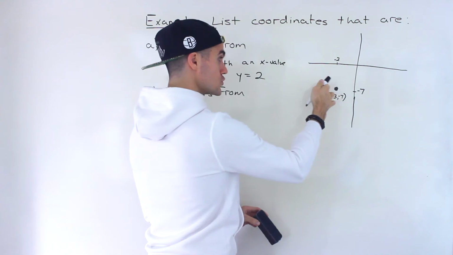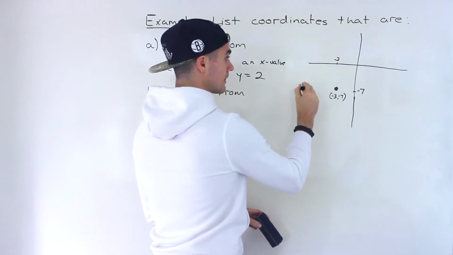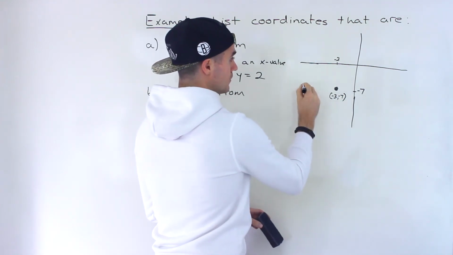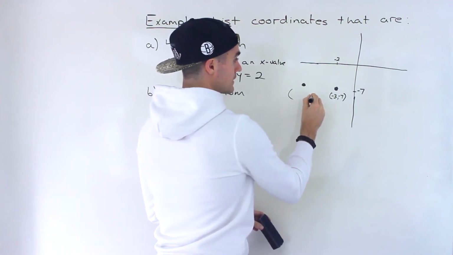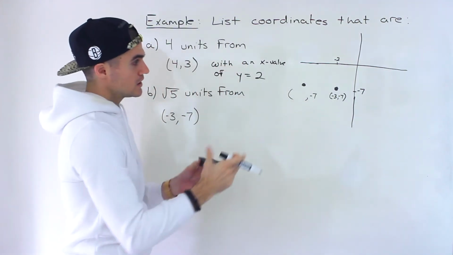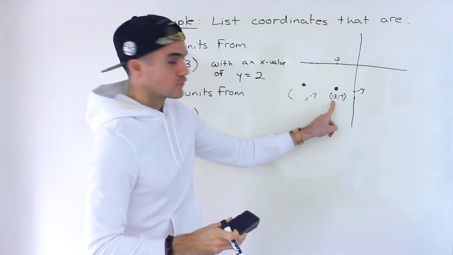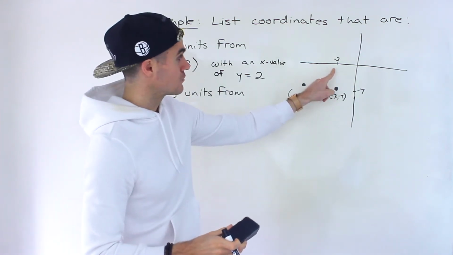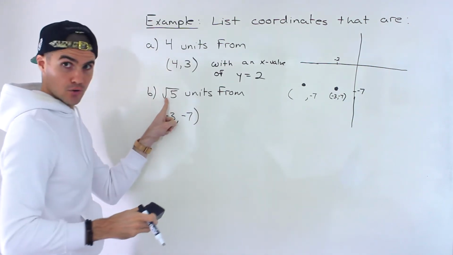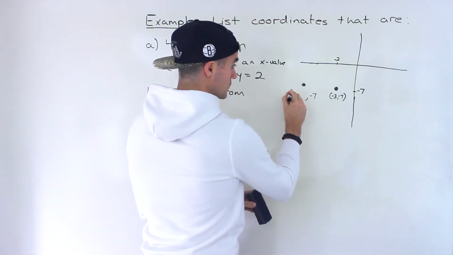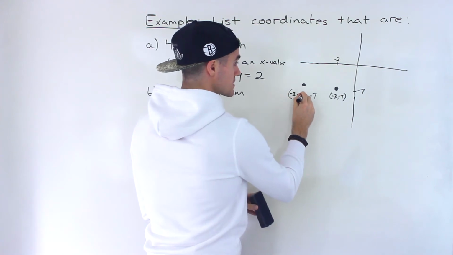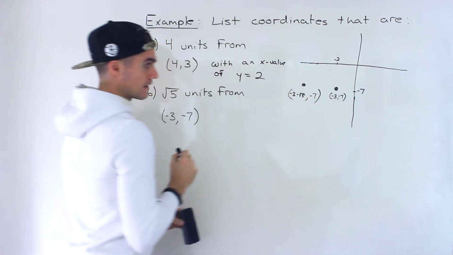If we go to the left, the y value is still going to be -7, but we're subtracting from this x value, -3. We're subtracting √5 units. So this new x value would be -3 minus √5, like that.